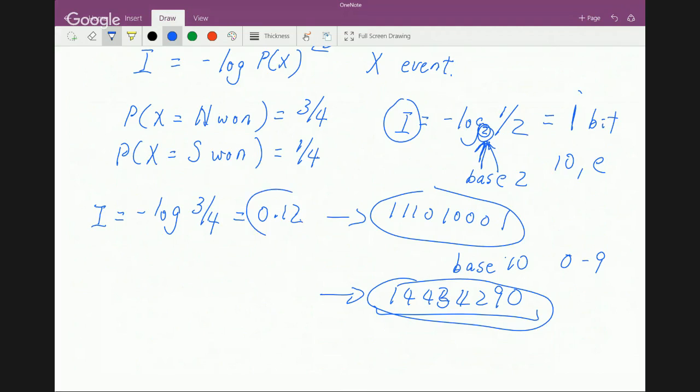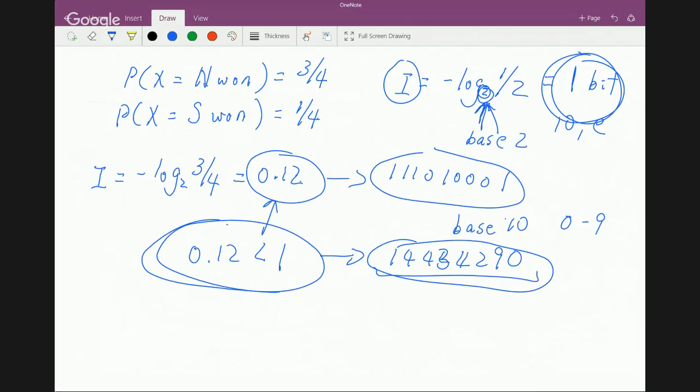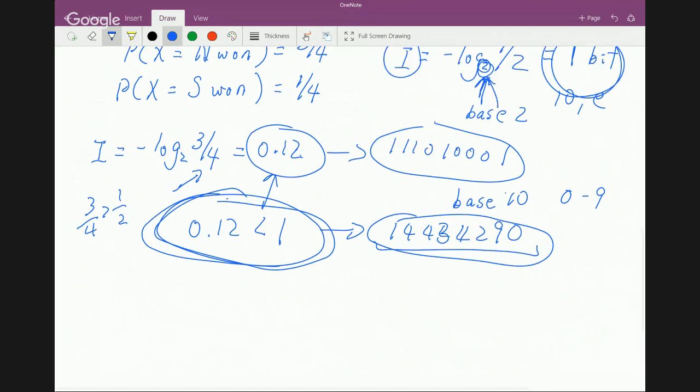Notice this information, 0.12, is less than 1, which is what we got before, assuming base 2. This is a larger probability, 3/4 is larger than 1/2, and now you're getting a smaller information.